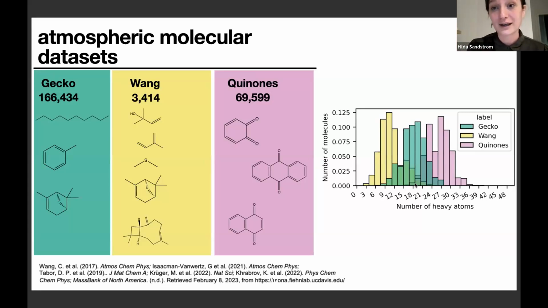And then my third atmospheric molecular dataset is a curated set of kenones, which are the oxidation products of aromatics. And if we look at just the distribution of heavy atoms, which here refers to just non-hydrogen atoms, we see that these 3 datasets cover slightly different areas of the atmospheric compound space.